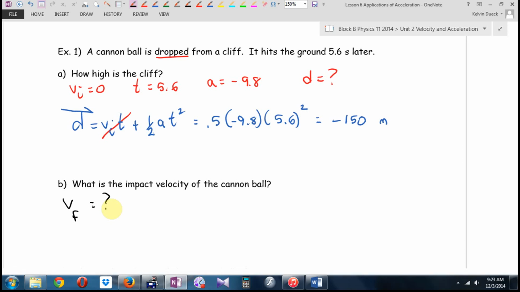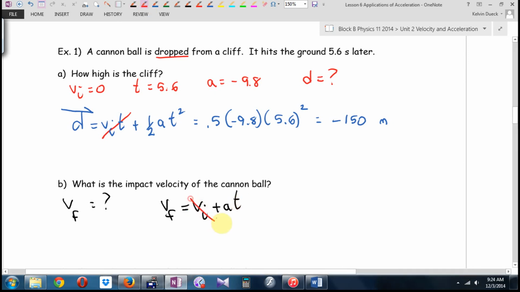Which one? vf equals vi plus at. Okay, I need to get the vf by itself, and already is. And I can do this because vi is 0.